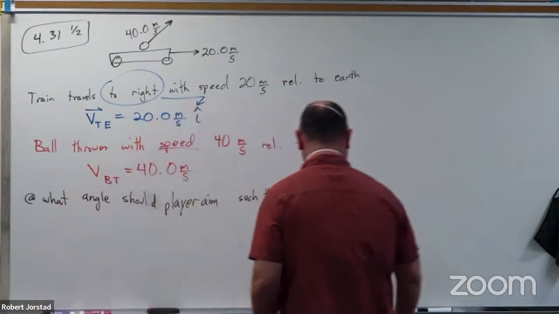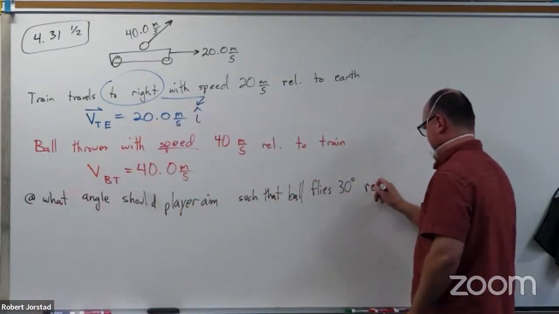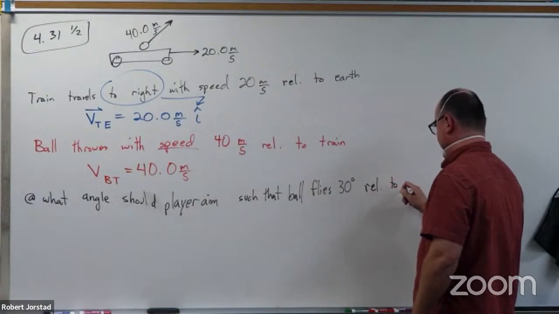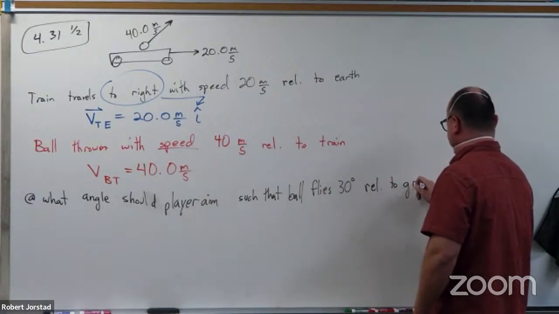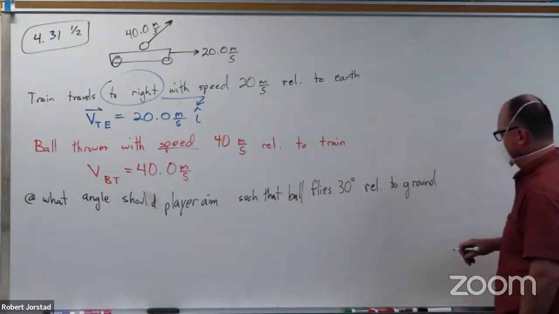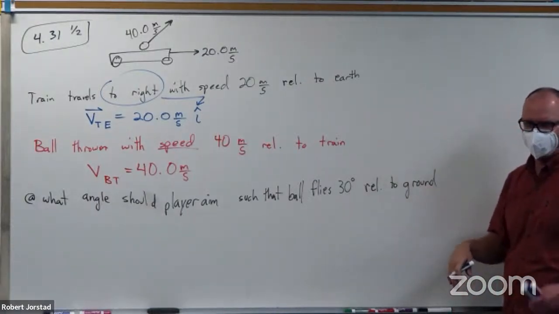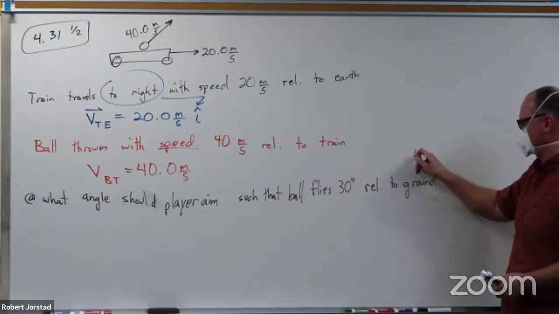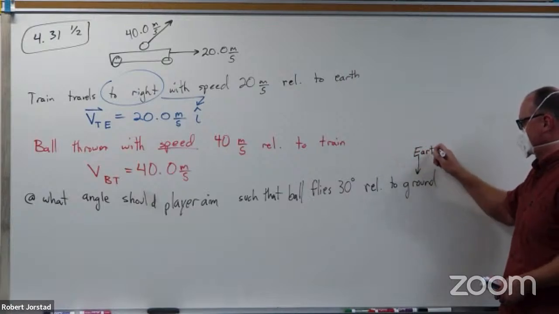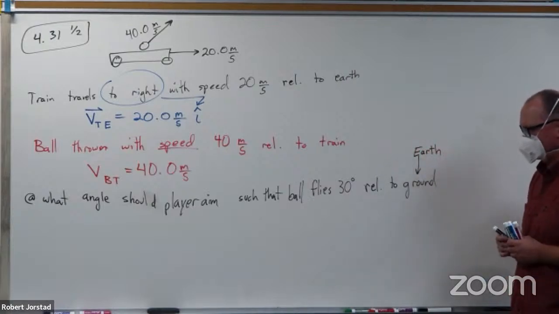Relative to ground. What does ground mean in this problem? Earth. So that's the word earth. You agree? So what were we told here? And what are we supposed to find?